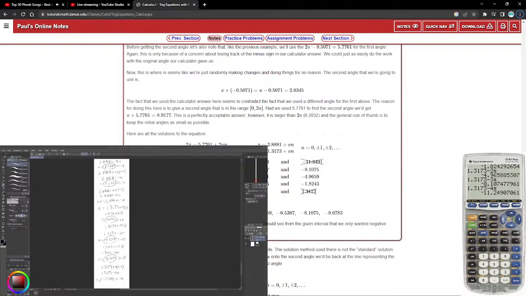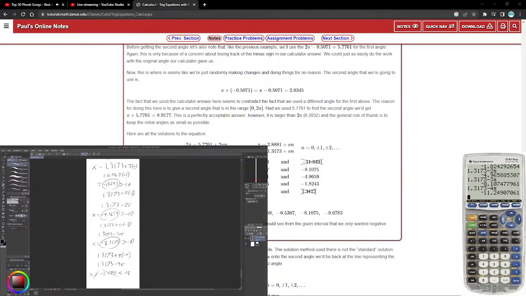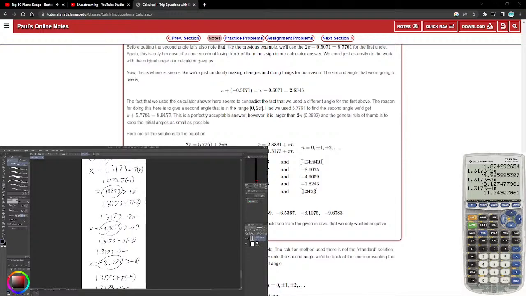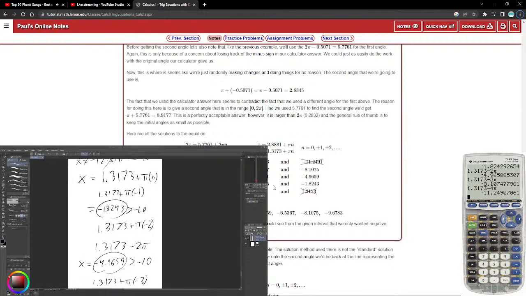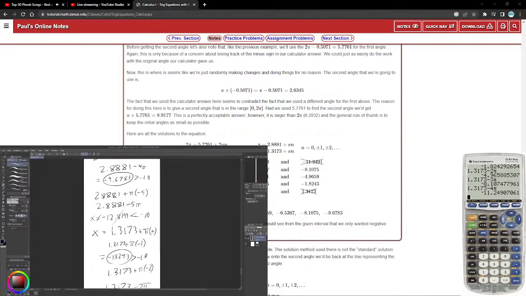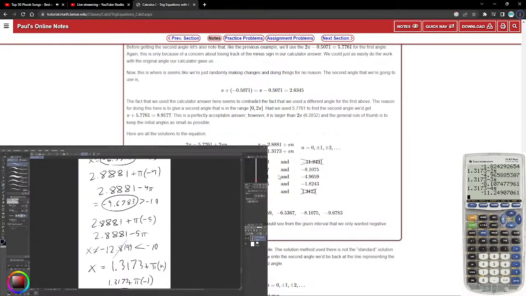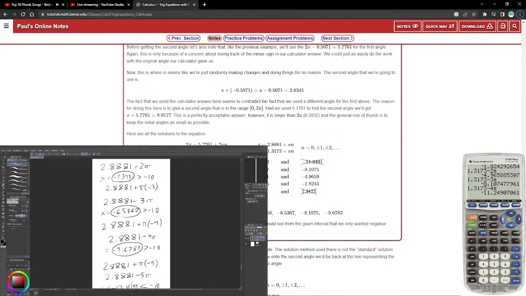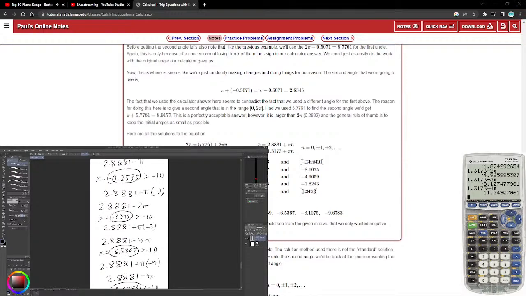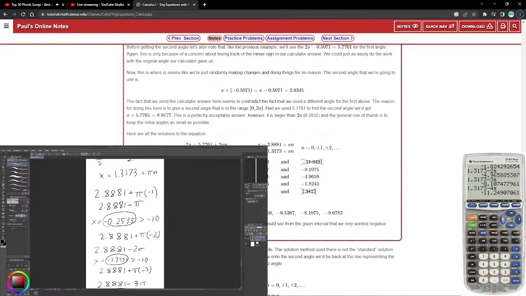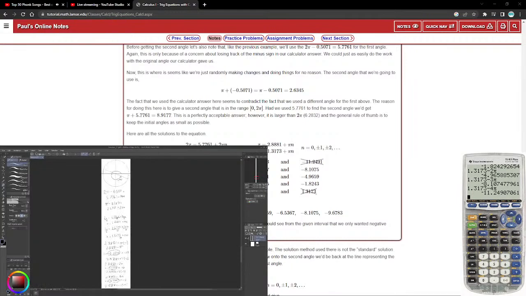The seven solutions to this equation are then negative 8.1075, negative 4.9659, negative 1.8243, negative 9.6783, negative 6.5367, negative 3.3951, negative 0.2535.